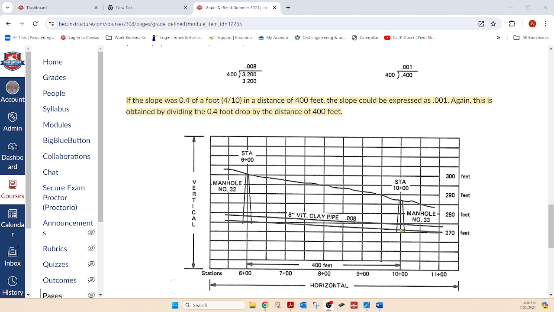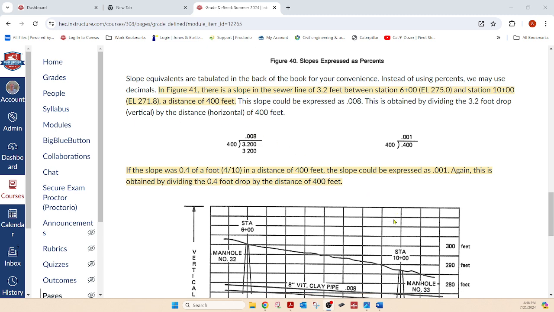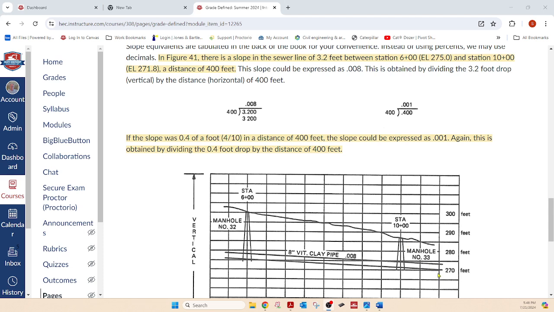Or it's 265.8. We can move over here closer to see where the bottom is. What did they call it up here in the problem itself? They called it 271.8. So they're saying it's this 270, and then there's 1.8. It's not there. It's at 270.